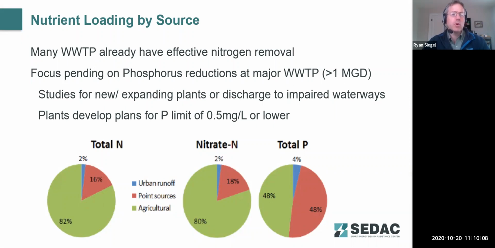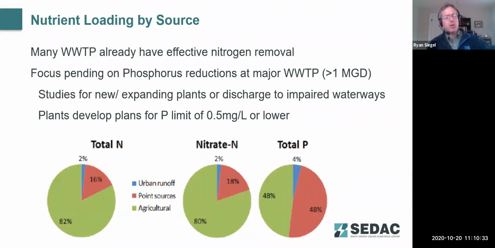They're also working on studies. Anytime a facility is looking to build a new facility or expand plants, or they are modifying plants that do discharge into impaired waters, that is definitely when phosphorus regulations are going to be looked at for any permitting.